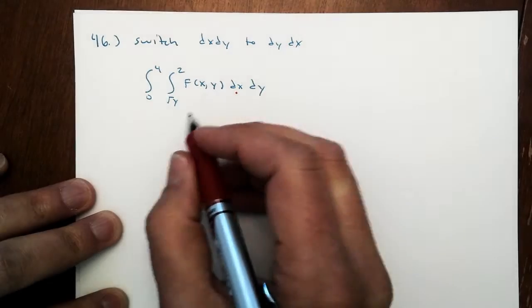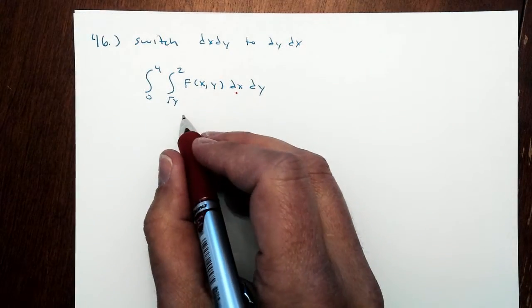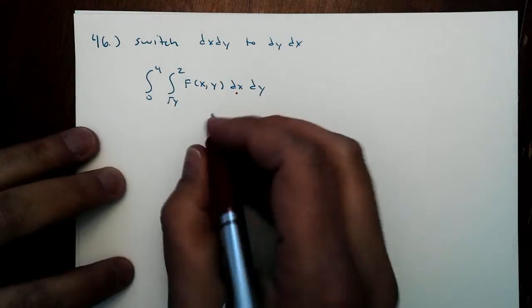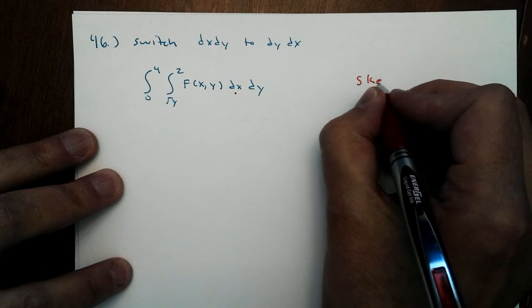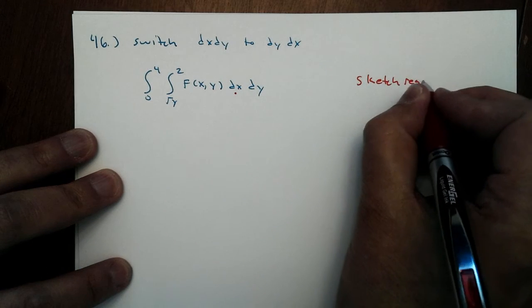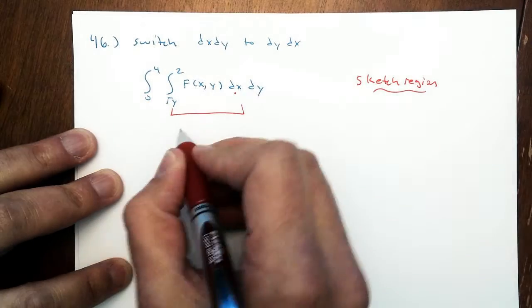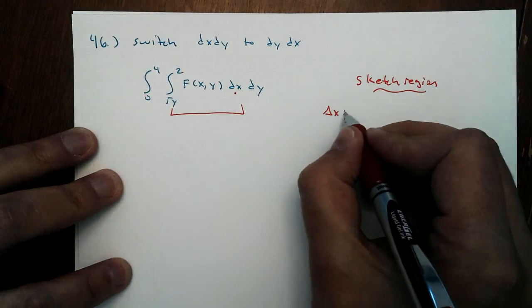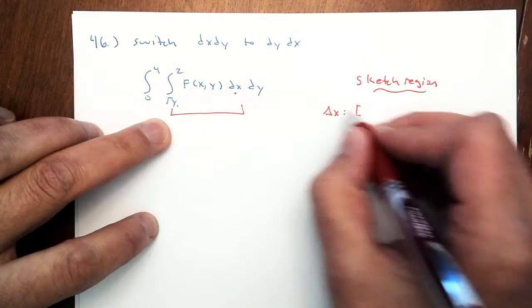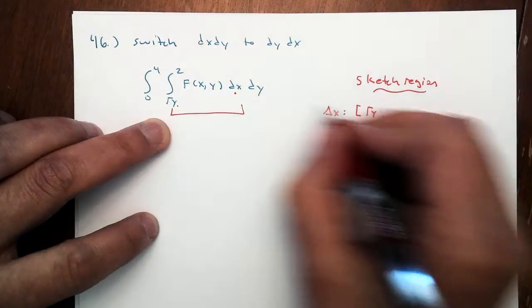All right, so first thing that you want to do is get an idea what this region looks like. So you want to sketch the region, and this really does help out quite a bit. So if I look at the region here for my x's, remember this is saying that my x's are going to go from a minimum of the square root of y to x equals 2.